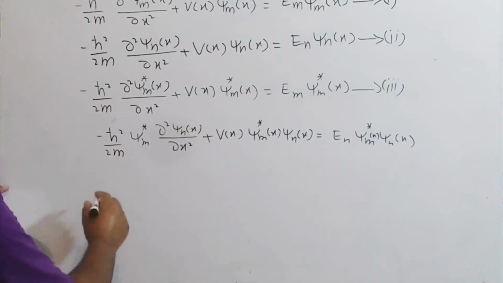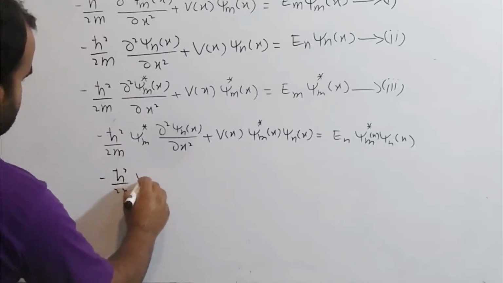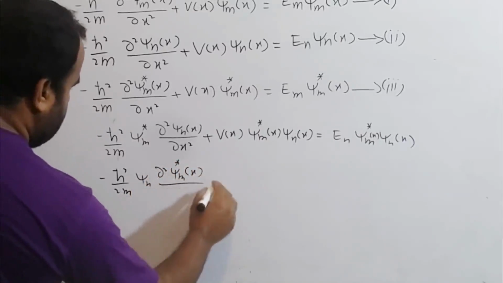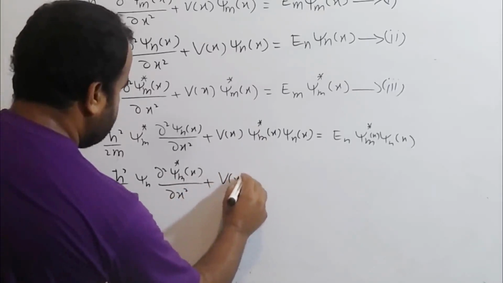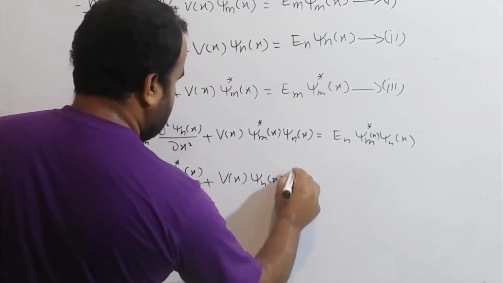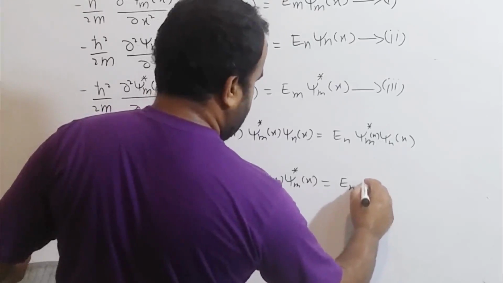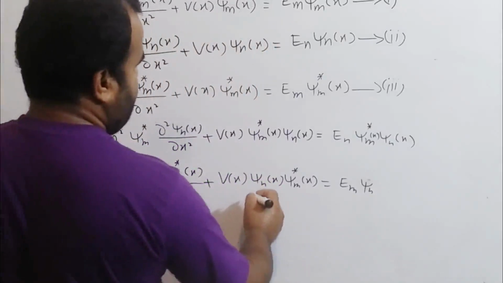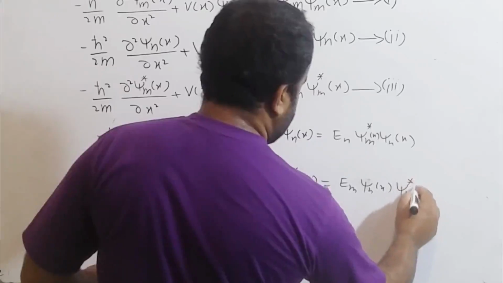This is equation 3 multiplied by psi n: minus h cut square divided by 2m, psi n times the second partial derivative of psi m star with respect to x, plus V of x psi n of x psi m star of x, is equal to E m psi n of x psi m star of x.